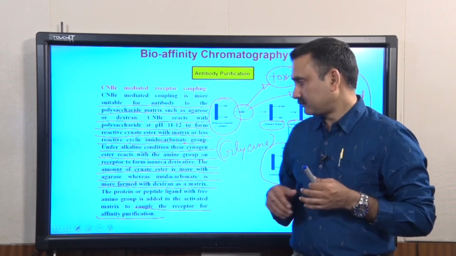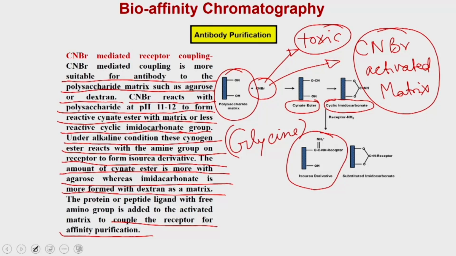So, now we have coupled the antigen onto the matrix or beads using the cyanogen bromide activated beads. Now, let us go to the next step.